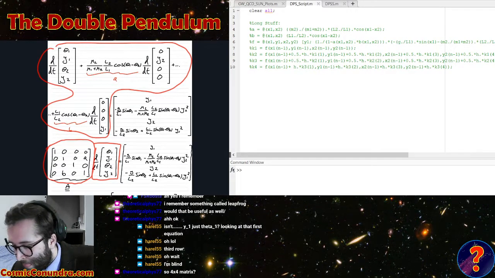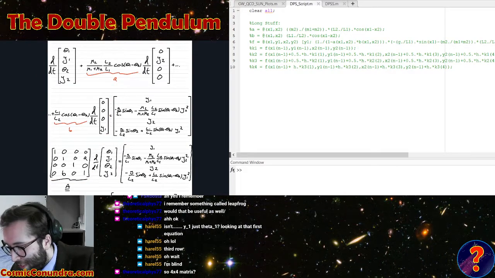Let's consider the second row. If I've renamed all of this stuff A, the second row should just be the time derivative of y1 plus a times the time derivative of y2.